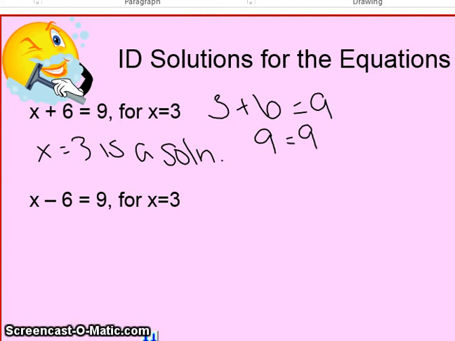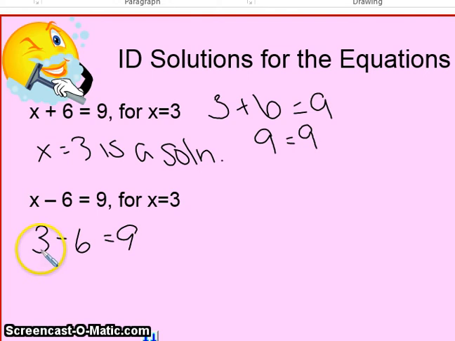Okay, now for the second example, we have x minus 6 equals 9 for x equals 3. And we want to know, is 3 a solution for this equation? Or does plugging 3 in for x make this equation true? So I'm going to try it. I'll plug 3 in for x, and then I have 3 minus 6 equals 9.